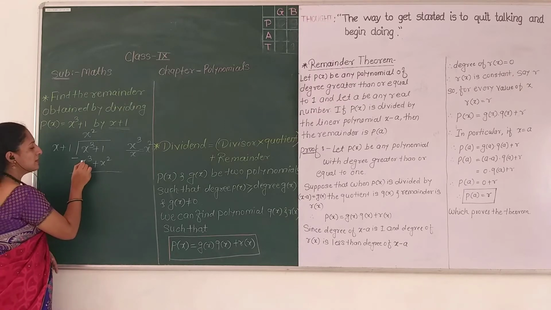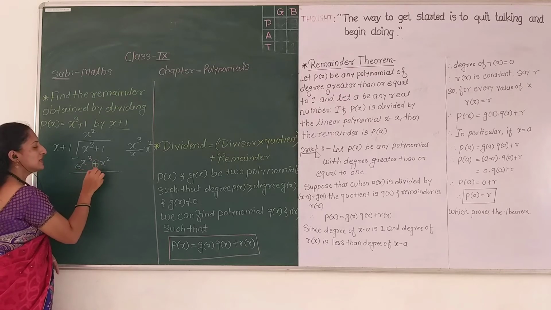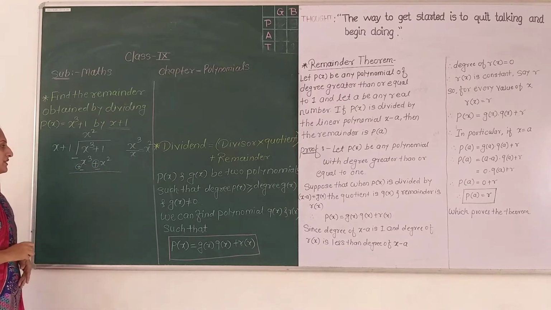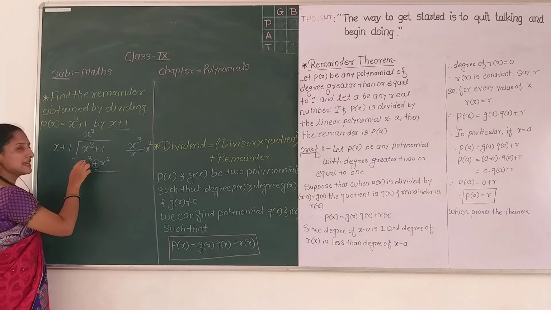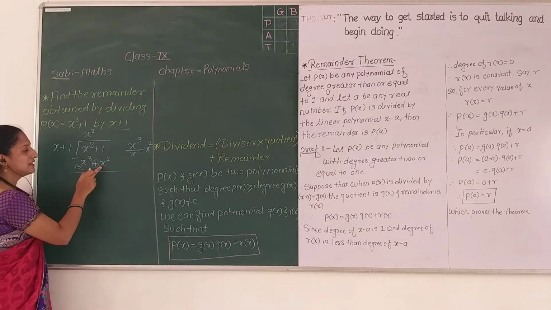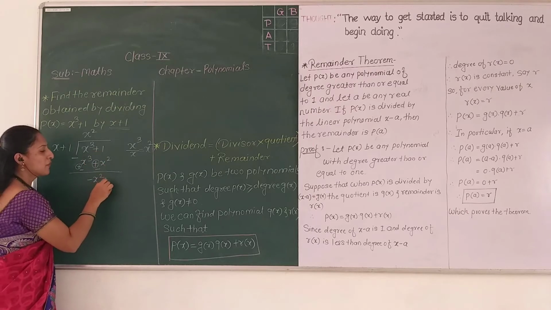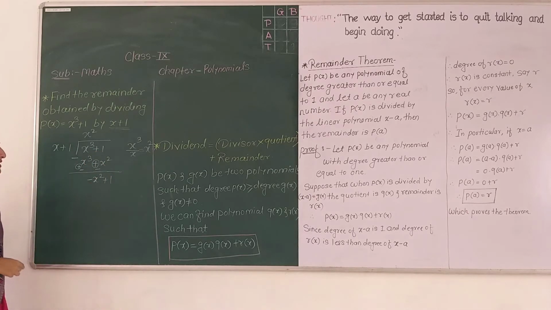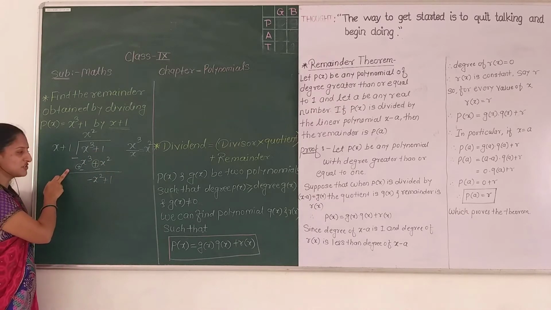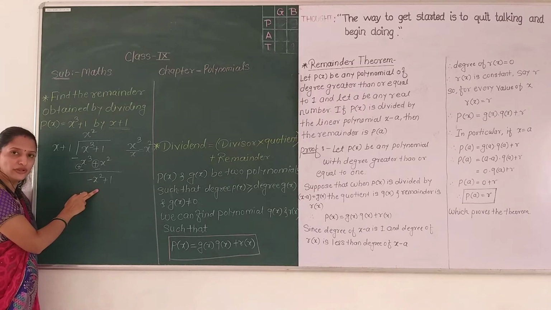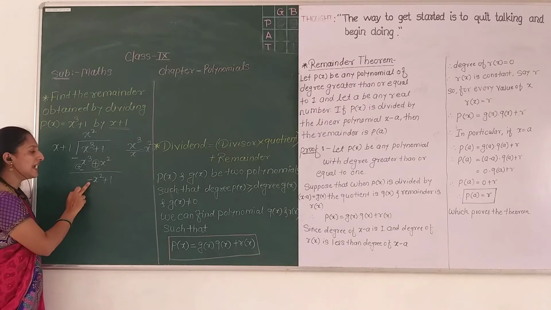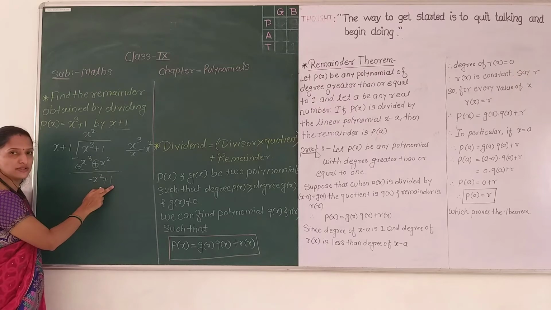So here positive becomes negative and this positive sign also becomes negative. So x cube minus x cube will cancel, and here remains negative x square plus 1. After this subtraction we get the new dividend, negative x square plus 1.